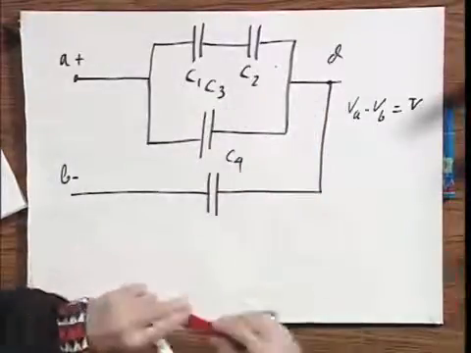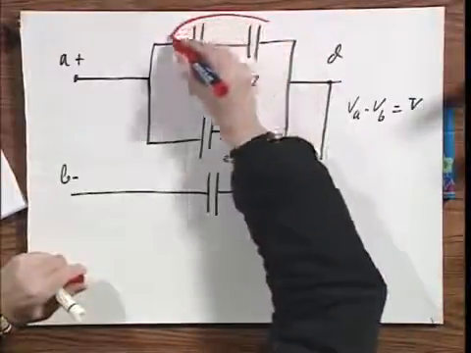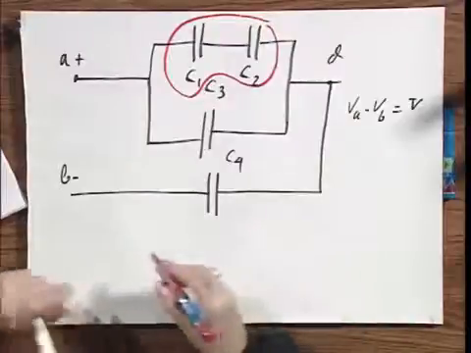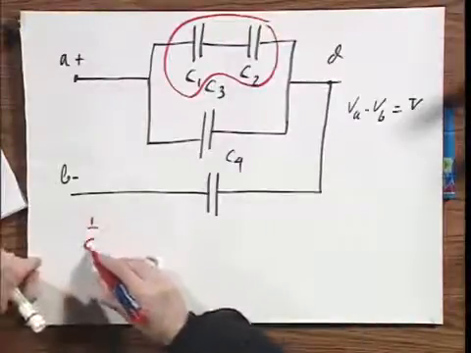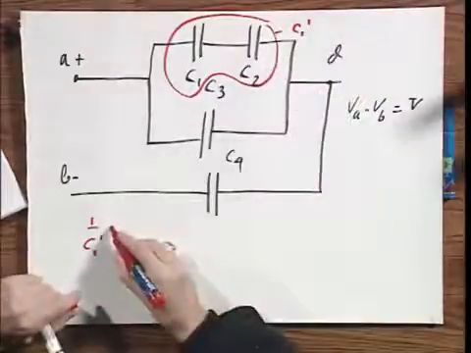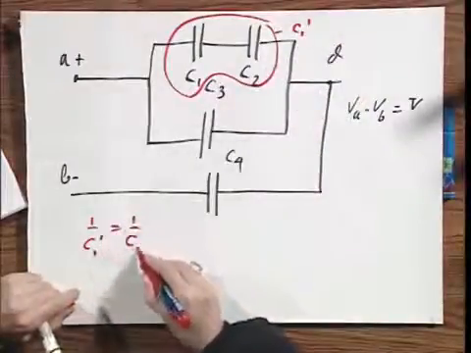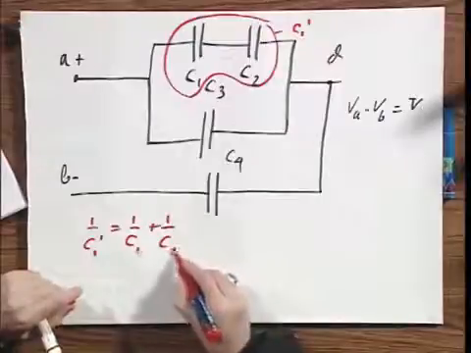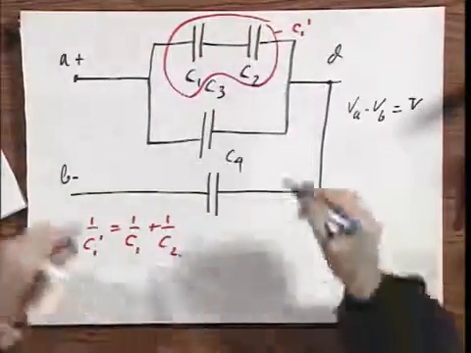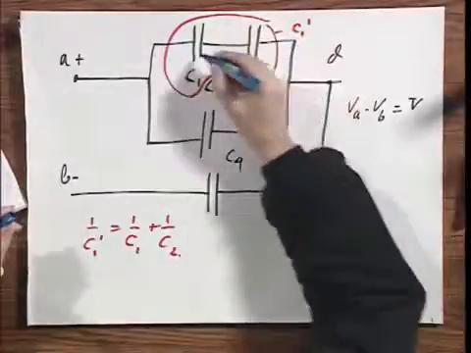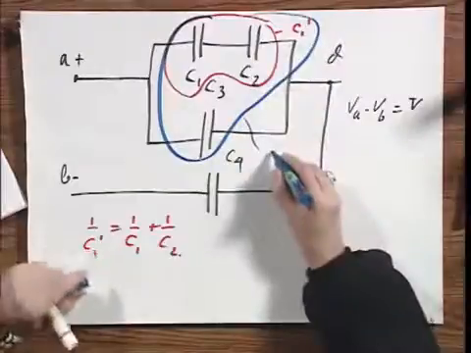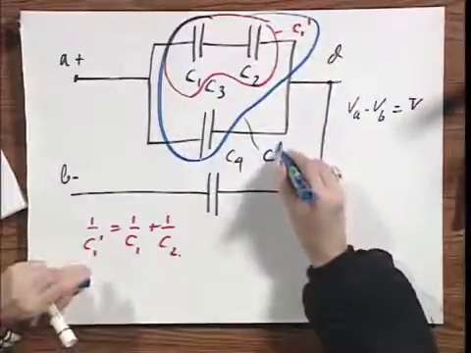The first thing I'm going to do is replace these two by an equivalent capacitor. The equivalent capacitor would be C1 prime, where 1 over C1 prime equals 1 over C1 plus 1 over C2. And then I'm going to replace all three by an equivalent capacitor, which I will call C prime.